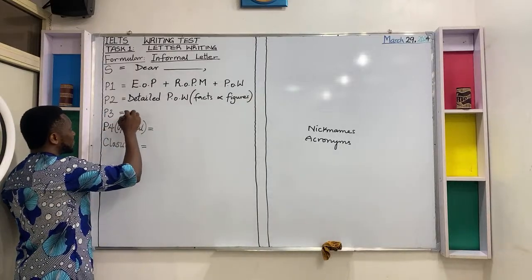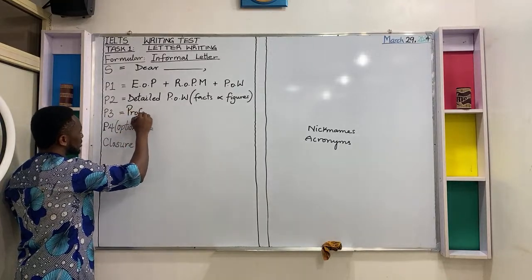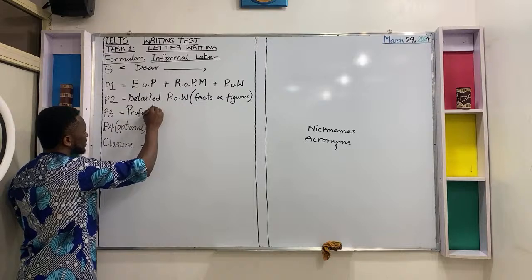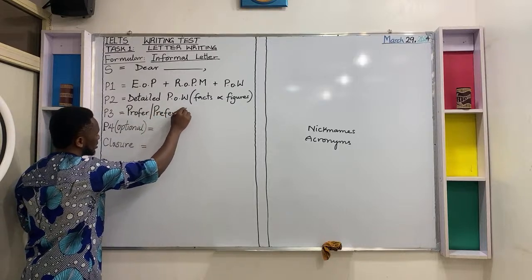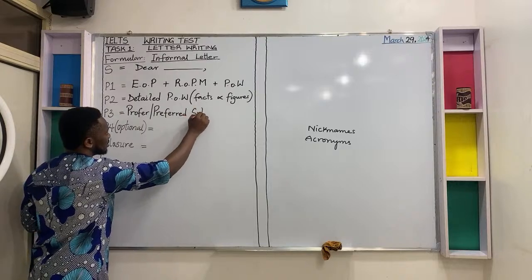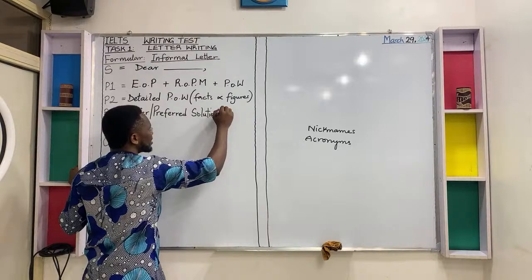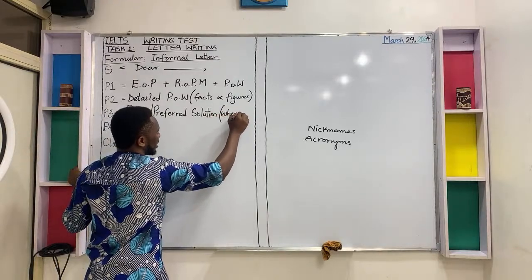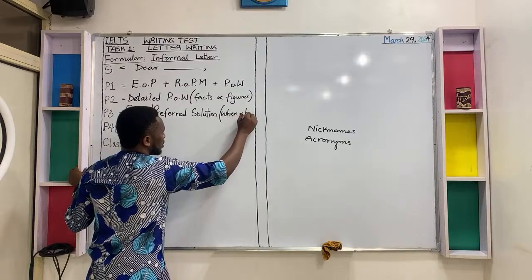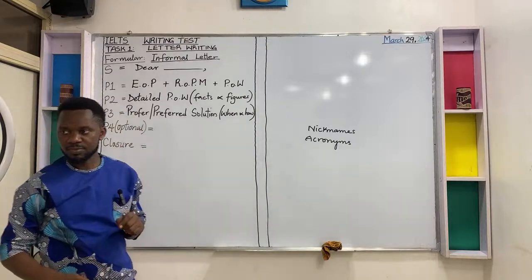Then your third paragraph, it's either you proffer solution or you express your preferred solution. And to bring in this, you have to consider when and how you want the issue to be resolved.